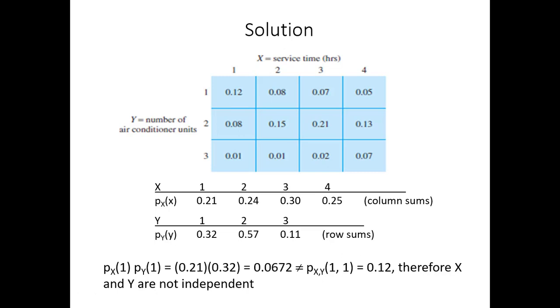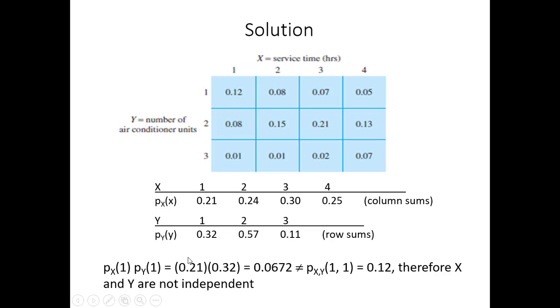If x and y were independent, then the marginal with respect to x evaluated at 1, this column sum, the 0.21, times the marginal with respect to y evaluated at 1, this row sum, 0.32, should give us 0.12.